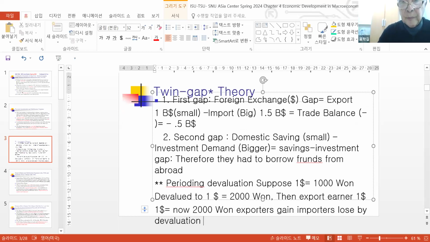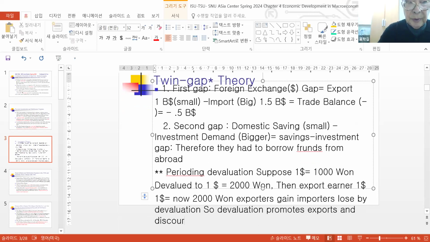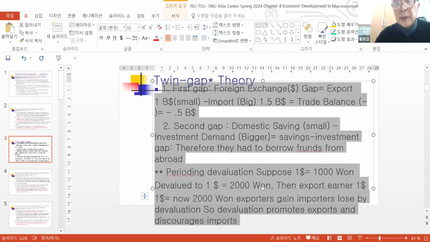So devaluation promotes exports and discourages imports. Okay, so this is the mechanics.